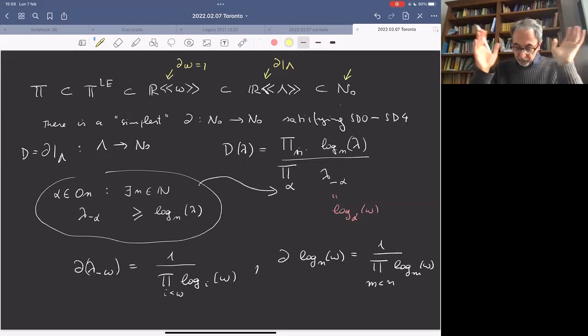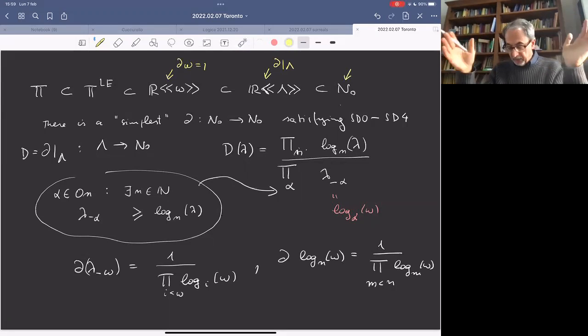And our derivation is the one which makes the simplest choice. The simplest choice is essentially to ignore what has been explained by Vincenzo. So we ignore the paths which do not arrive to lambda. And on the paths which arrive to lambda, we use this formula here. Okay, this is the situation.